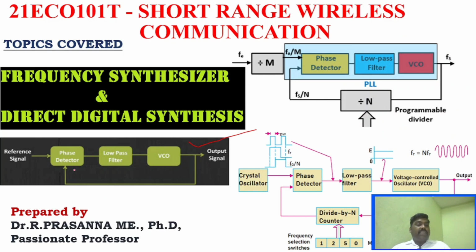It has a phase detector, a low pass filter and a voltage controlled oscillator. Now you understand what a voltage controlled oscillator is. It will generate signals based upon the control signal, so we can control its frequency with this particular voltage, right?